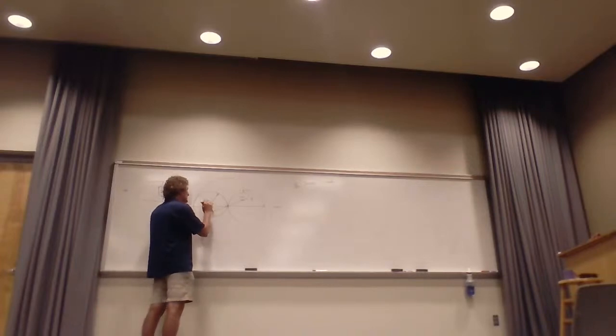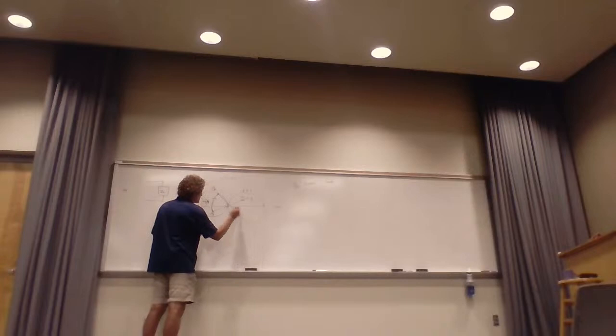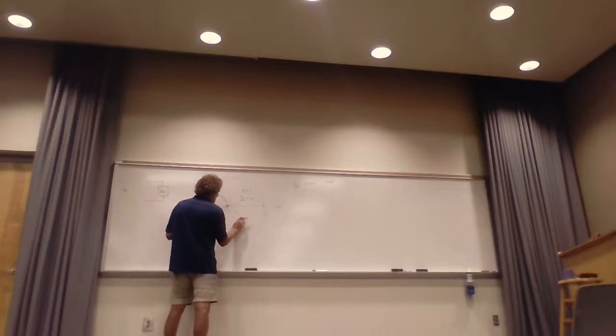Maybe call it plus jb. This would be 0.3, right? And then from here, you would move to the conjugate point. You'd move to the conjugate point here, and this would be 0.4, right?